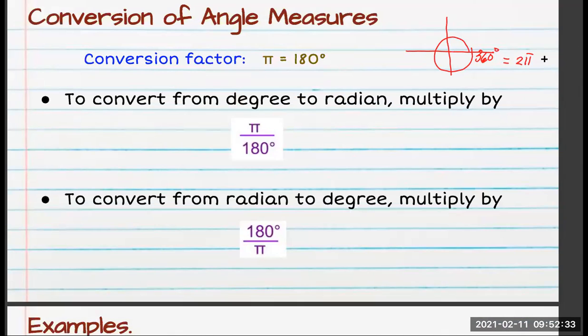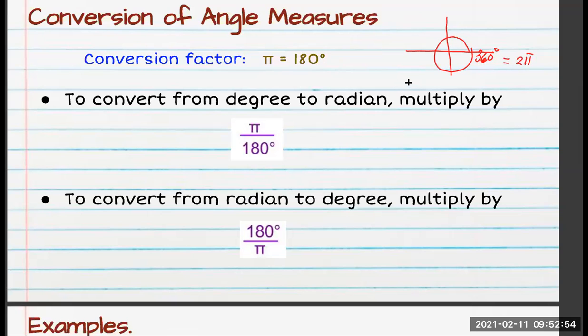So if the radius is equal to 1, then one complete revolution would be equal to 2 pi. So 360 degrees is the same as 2 pi. If you divide both sides by 2, then you will have this conversion factor. Pi is equal to 180 degrees.